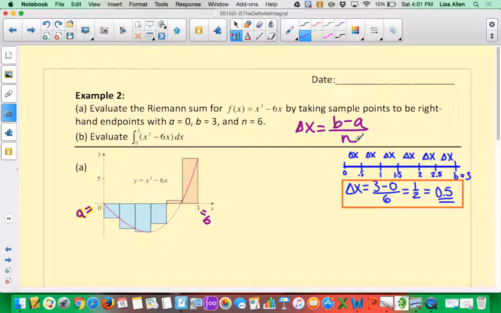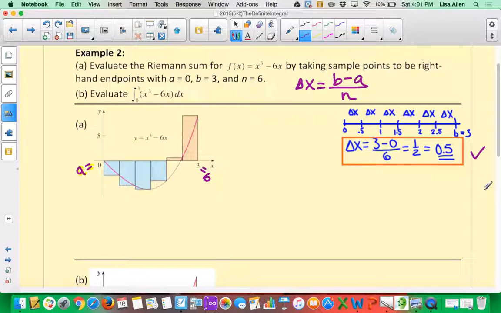the number of subintervals that you would want. In this, I've already got the delta x here, and we're looking at delta x on each section as you go across the interval, or the partition, from 0 to 3. We are looking at R6 now, the Riemann sum, using right-hand endpoints.